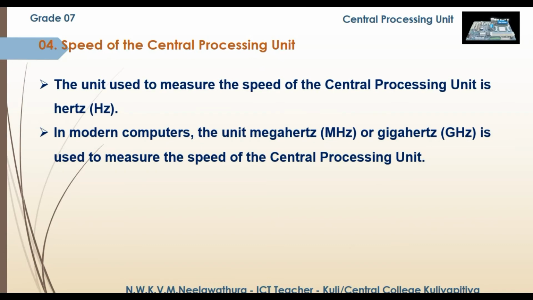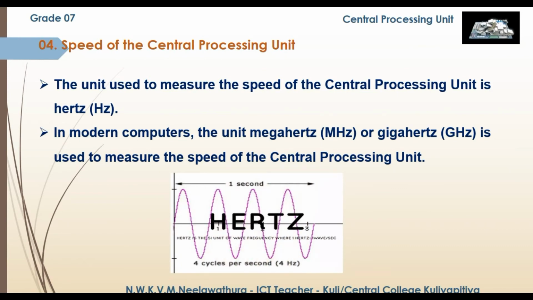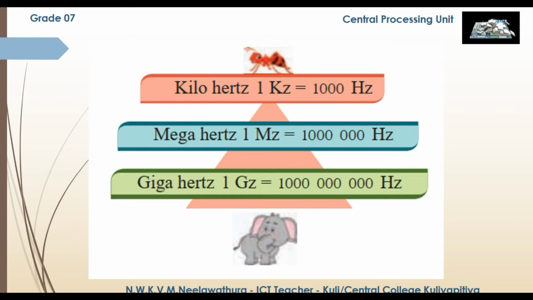In modern computers, the unit megahertz or gigahertz is used to measure the speed of the central processing unit. Look at this: kilohertz, megahertz and gigahertz.